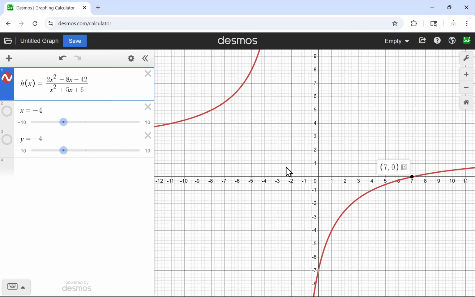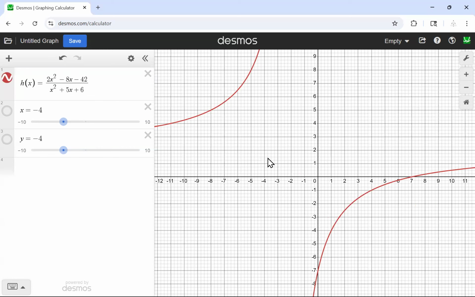So whenever we're dealing with finding x-intercepts or finding vertical asymptotes, I need to check if my numerator and denominator have any common factors. Cancel those things out if they do. So there you go. That's how to find x and y intercepts on these rational functions.